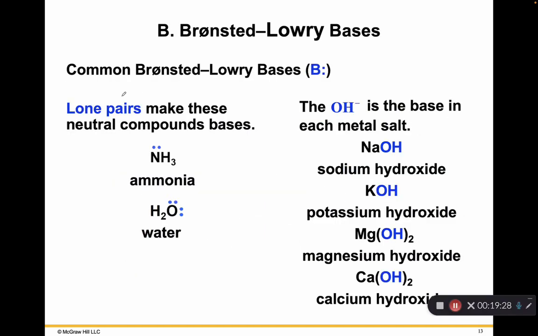So the lone pair makes these neutral compounds bases. Water can act as a base, ammonia can act as a base, because they have lone pairs on these electronegative atoms, right? Water has a lone pair on its oxygen.